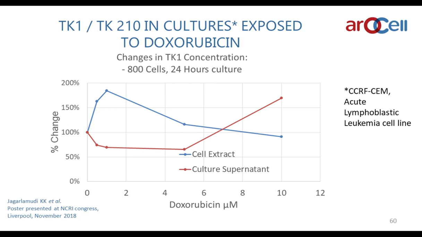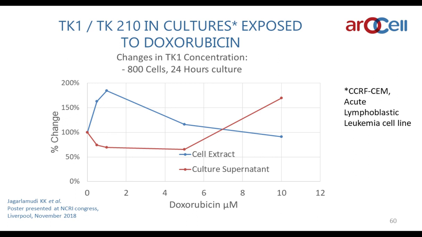Here's a study where a leukemia cell line has been studied in vitro, where the cells have been exposed to the anti-cancer drug doxorubicin. The blue line is the intracellular content of TK210, TK1, and the red line is the concentration of TK1 in the supernatant.